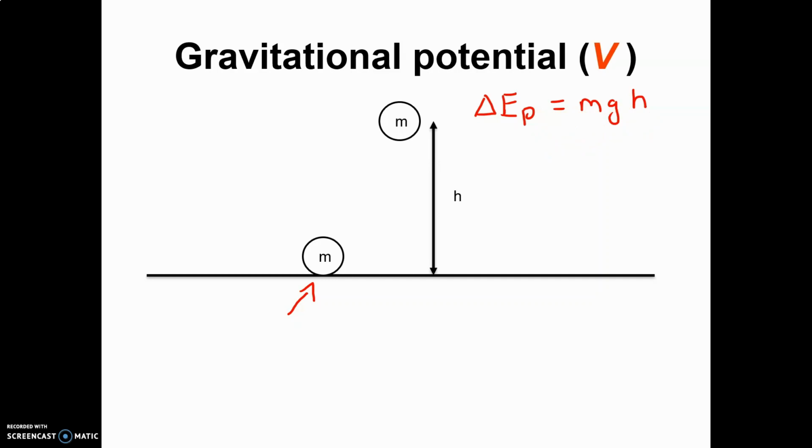Now the problem with this formula, it worked okay at GCSE, but if you move the object through greater heights h, the gravitational field strength doesn't stay constant. So the further you move from the surface of the planet, g reduces, and that creates a problem when we're talking about objects at large distances away, for example other planets or moons or satellites.